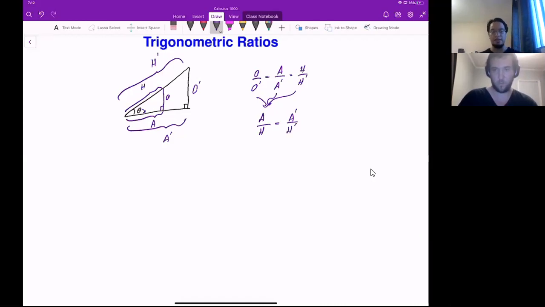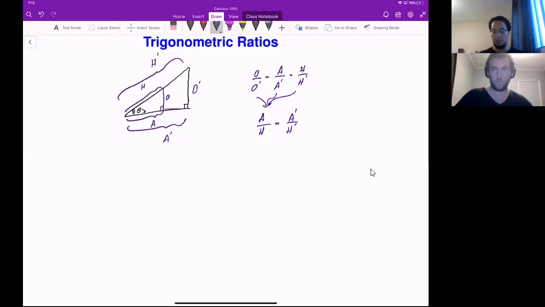This is the start of trigonometric ratios. It's very important. So each angle fixes a right triangle. And then it doesn't matter what kind of right triangle you draw, you may have different right triangles, as you see in this picture, but the ratio of the sides will be the same.